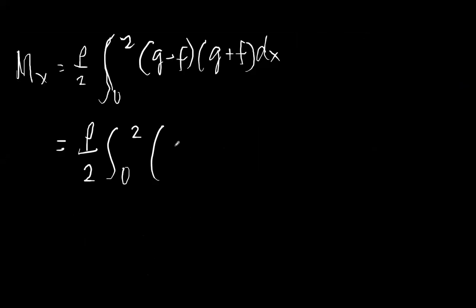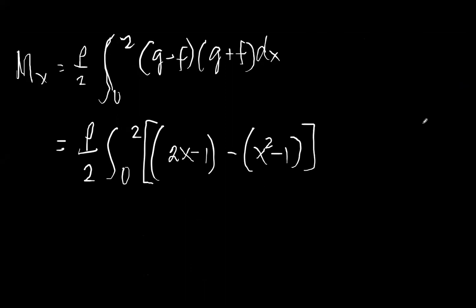So that's 2x minus 1 minus the function x squared minus 1. Or we can just square them up. And here we have 2x minus 1 minus x squared minus 1 dx. All right, here we go.